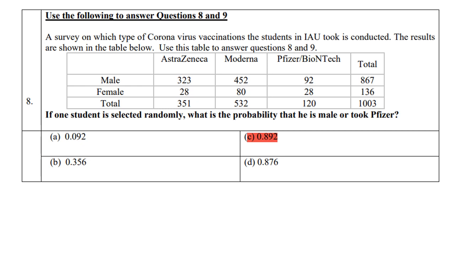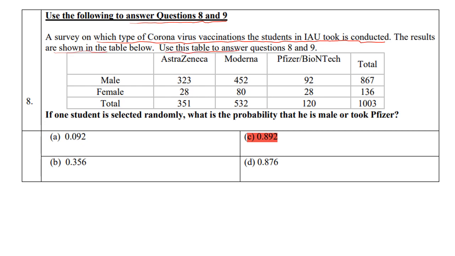A survey. Okay, let's look at 8. Use the following table to answer questions 8 and 9. A survey on which type of coronavirus vaccinations the students in IAU took is conducted. The results are shown below in the table.